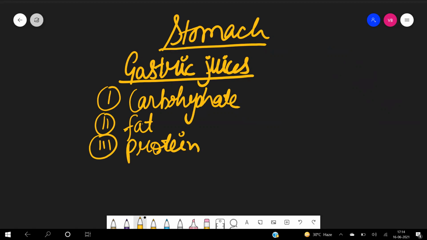So for digestion of carbohydrate inside the stomach, we have a special gastric juice which is known as gastric amylase.